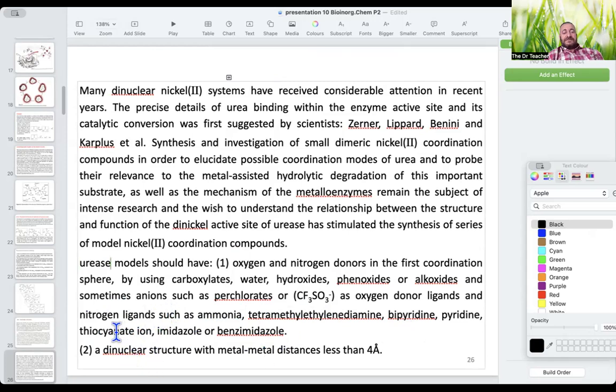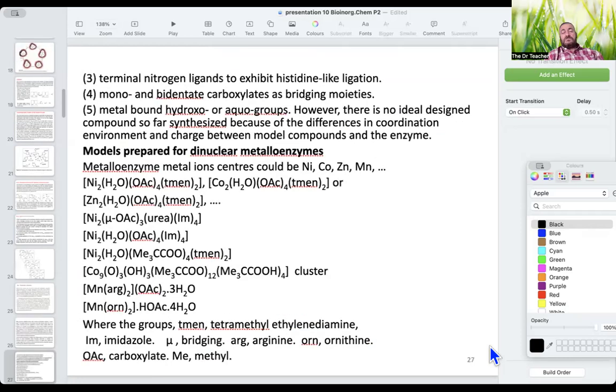The second is a dinuclear structure where the metal-metal distance should be less than 4 angstrom to mimic the active site of the urease enzyme. Terminal nitrogen ligands should exhibit histidine-like ligation.